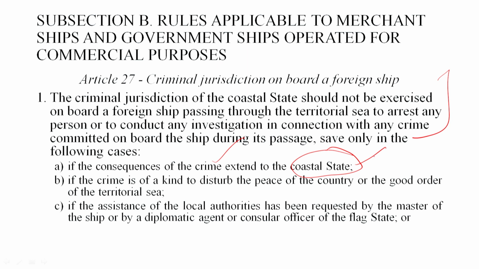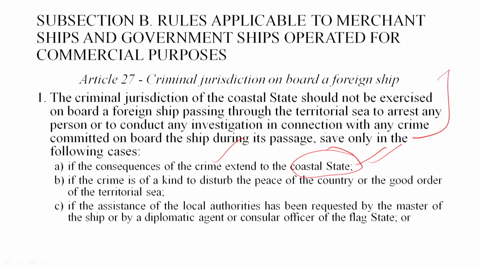In that case, the court of this coastal state will take cognizance of it. Mainly, not of such persons as such, but if they have committed an act that is very likely to disturb the peace of that country. For example, there are chances of a rebellious movement, and people sitting in the ship are trying to provoke the people of this coastal state toward civil unrest or a rebellious movement. In that case, that would be disturbing the peace of the country or the good order.